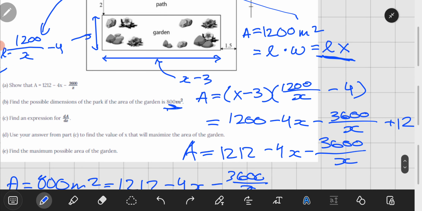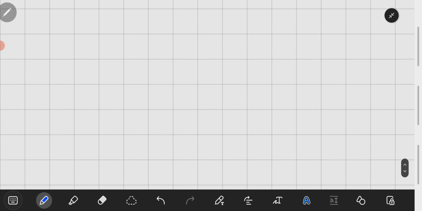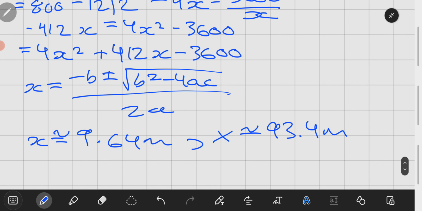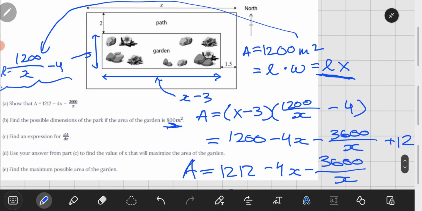And then the lengths of the garden, we can find them by using the equation that we've created of 1200 divided by x, where the x values are the ones we found from our quadratic equation, and subtract 4.